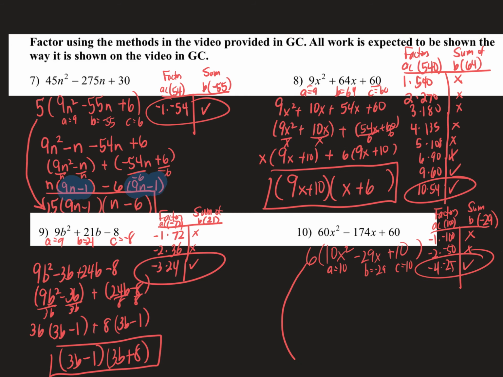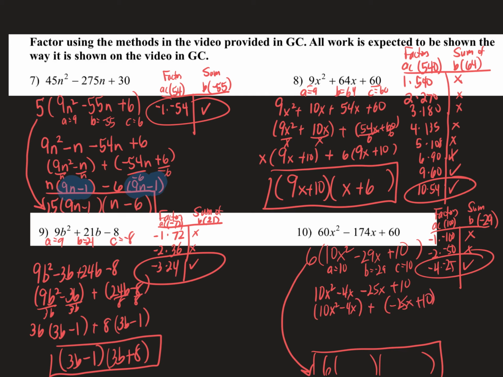I'm going to bring this down here. 6 times both of those pairs of parentheses. 10x squared minus 4x minus 25x plus 10. Group the first two. Put a plus sign. Group the last two. The first two have 2x in common.